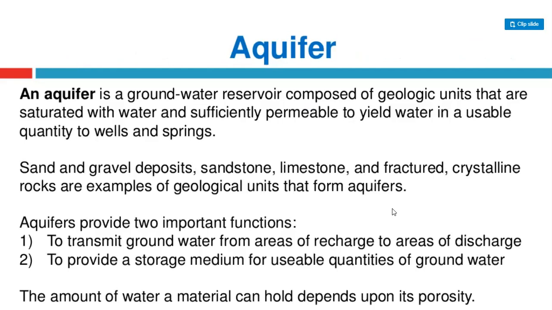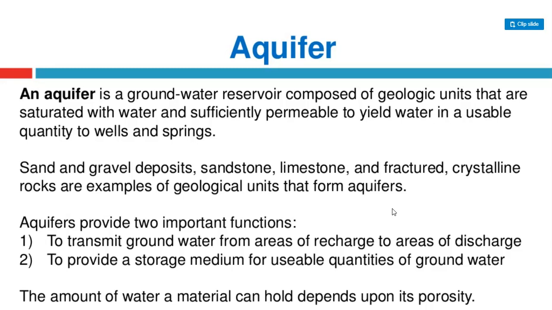An aquifer is a groundwater reservoir composed of geologic units that are saturated with water and sufficiently permeable to yield water in a usable quantity to wells and springs. Sand and gravel deposits, sandstone, limestone, and fractured crystalline rocks are examples of geological units that form aquifers.